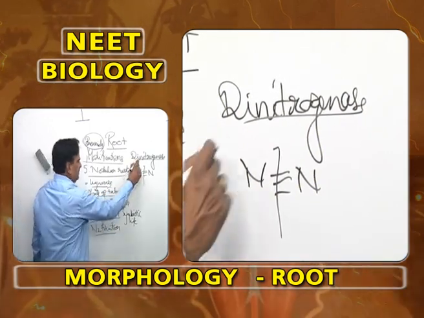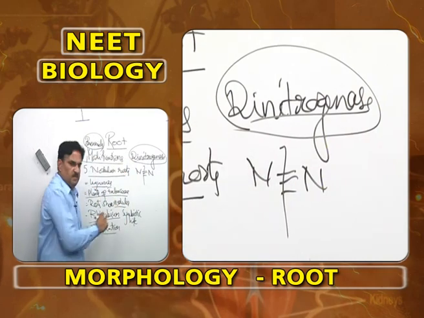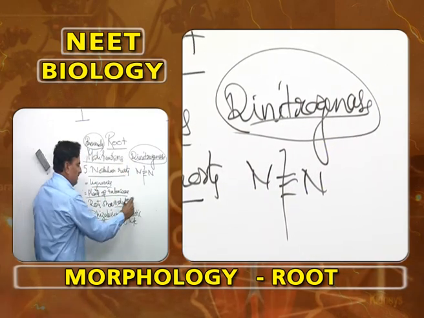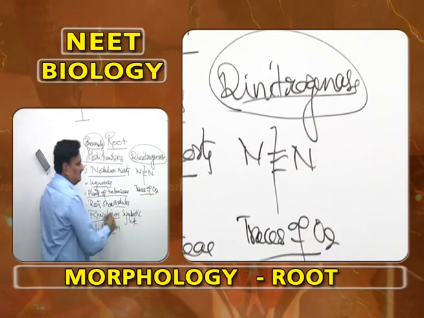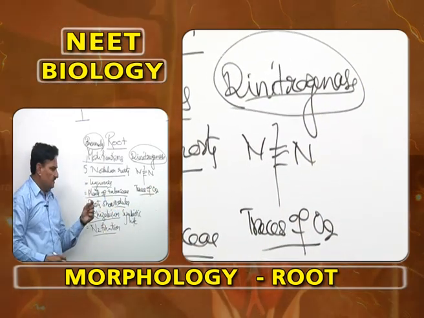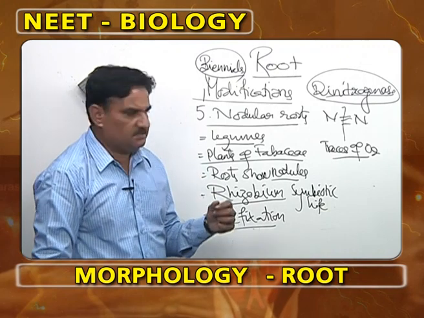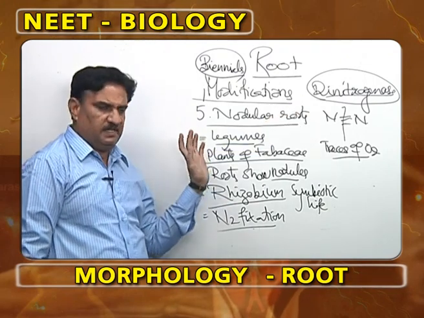Another important feature is that dinitrogenase becomes inactive even if traces of oxygen are there. Even a small amount of oxygen in the surroundings of dinitrogenase will definitely make it inactive.